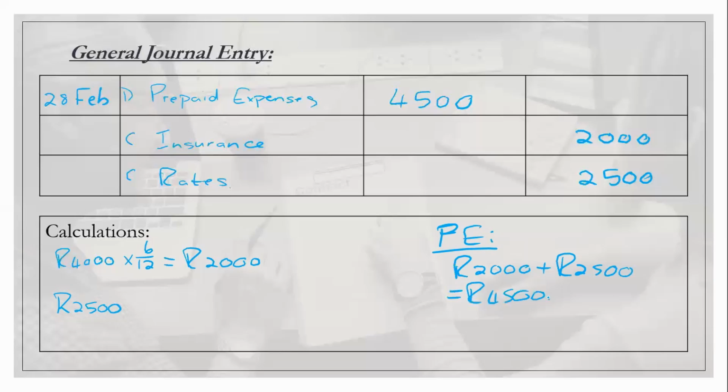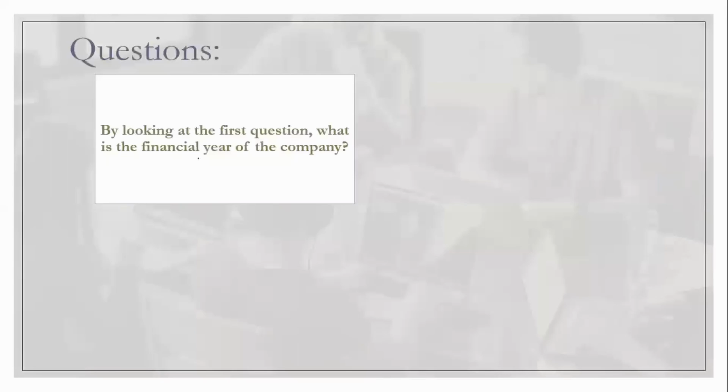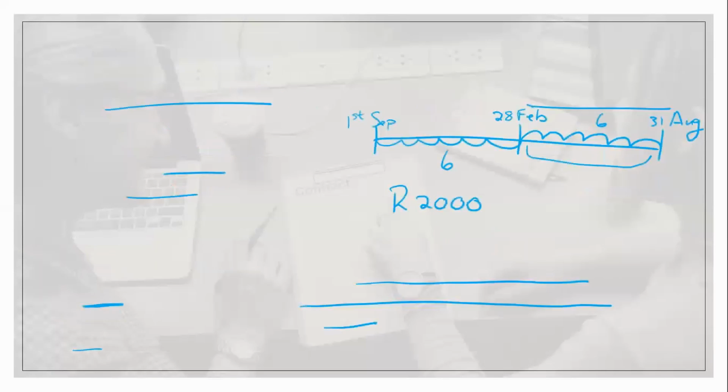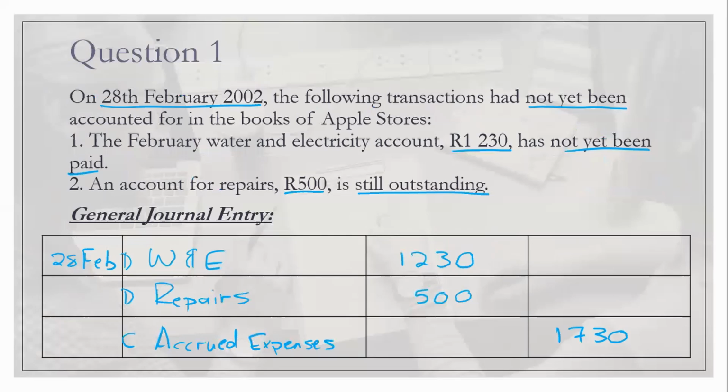All right. Let's look at a couple of questions quickly just to close off the lesson. By looking at the first question, what is the financial year of the company? So what are the dates? Let's go back quickly and have a look at it. They're talking about 28 February 2002.